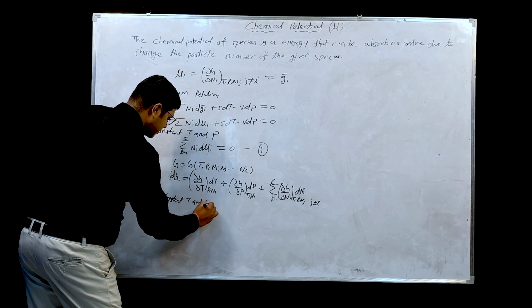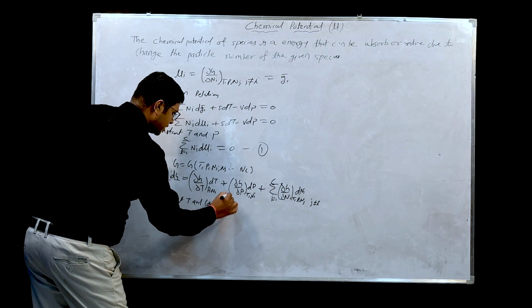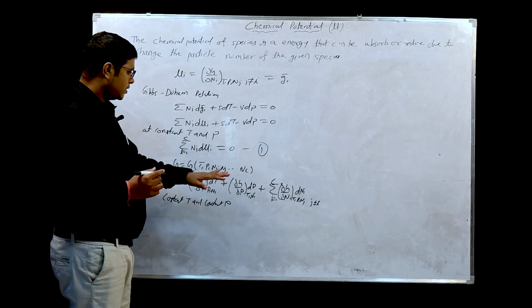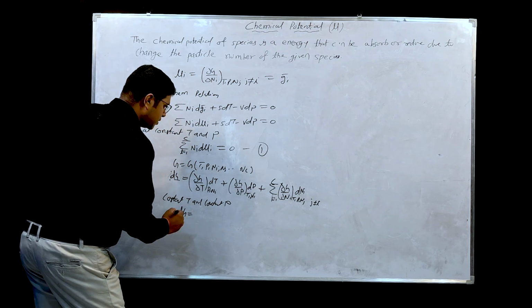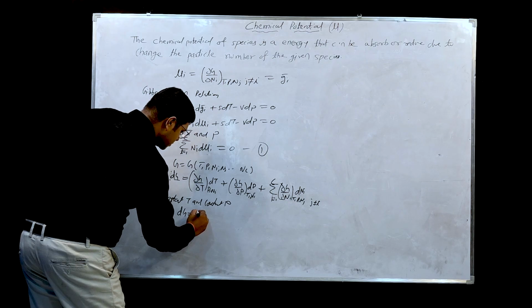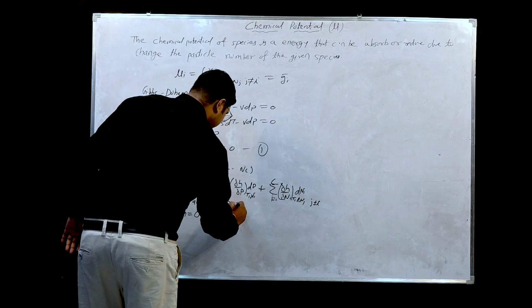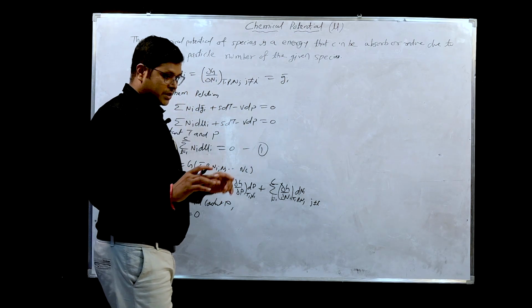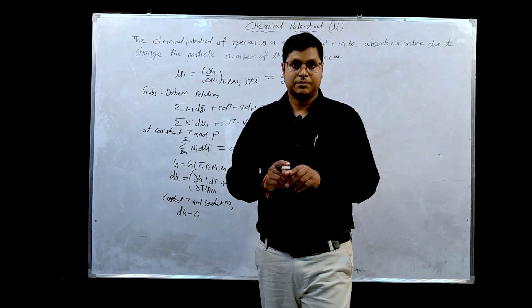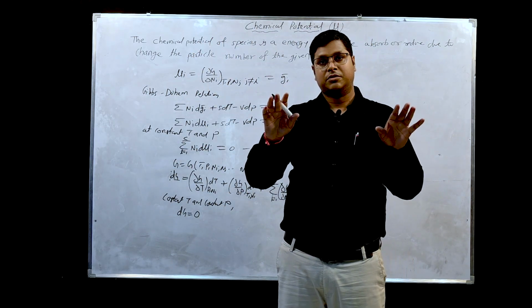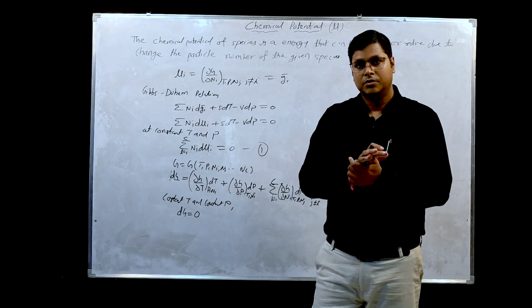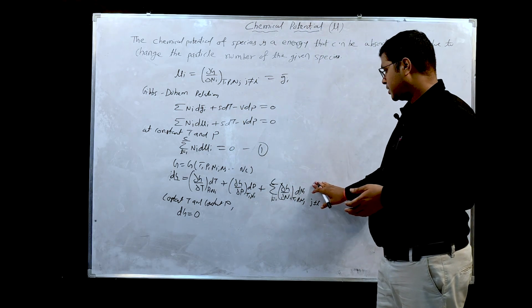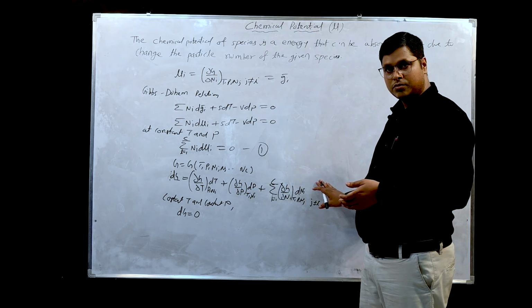constant pressure. The term can be written dG is equal to 0, because I have considered that the system is isolated, so there is no change of components either.